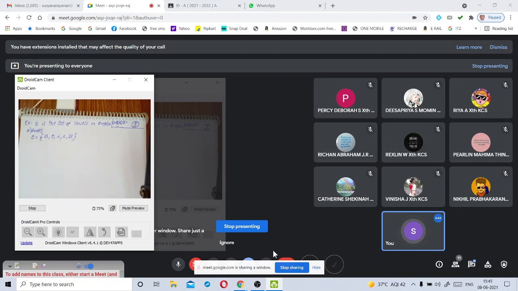Okay, my children. Understood this point? How to represent a set in the roster form. Got this point, my dear children? How to write the given set? They will give the set in this sentence form. We have to write this set in the roster form like this.